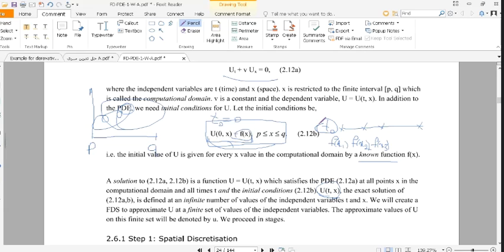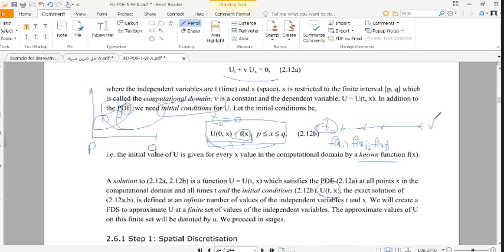Everybody, please pay attention to me. We have the value of u at t0. At time t0, we have the value of u. From where? From the initial condition. Okay?